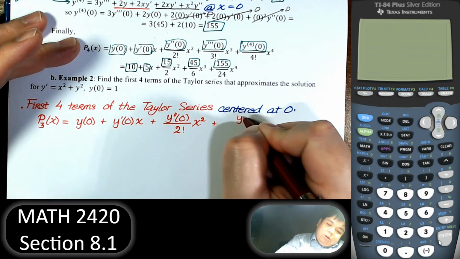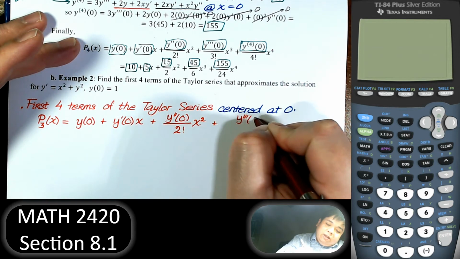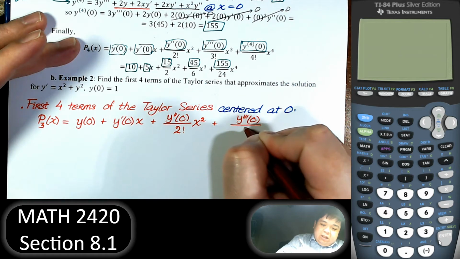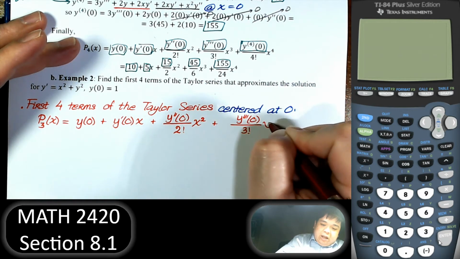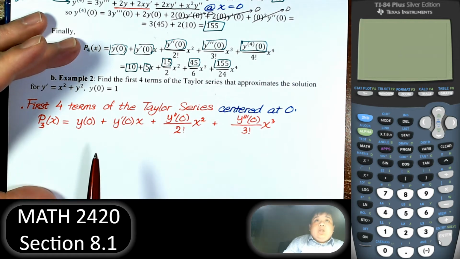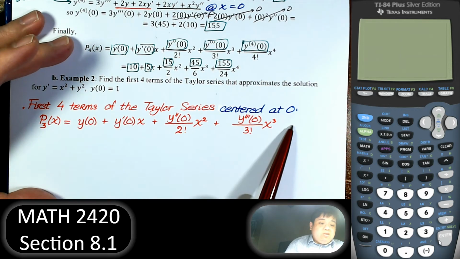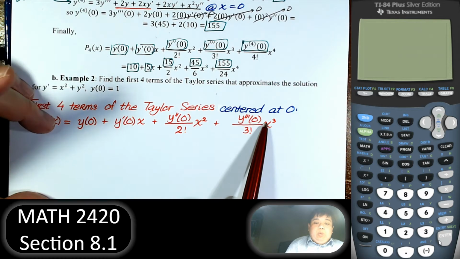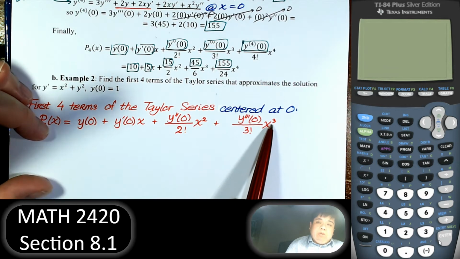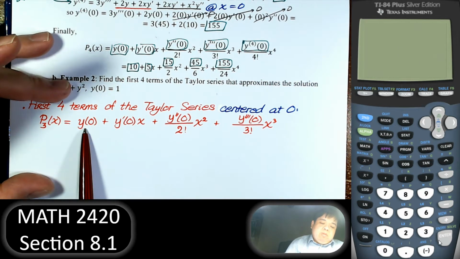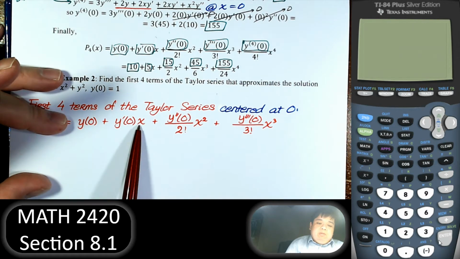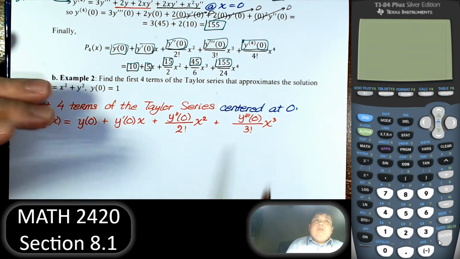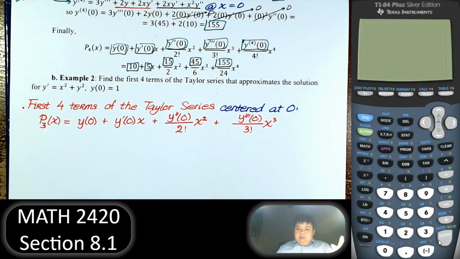And then the third derivative over 3 factorial x cubed. Right. So we want the first 4 terms, up to x cubed: no power, first power, second power, third power. Right. So that's the first step.